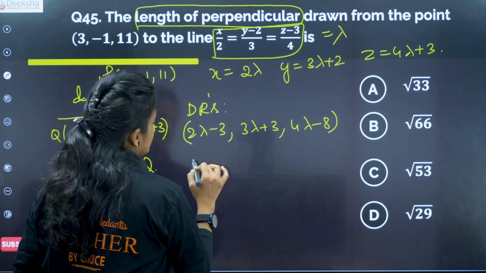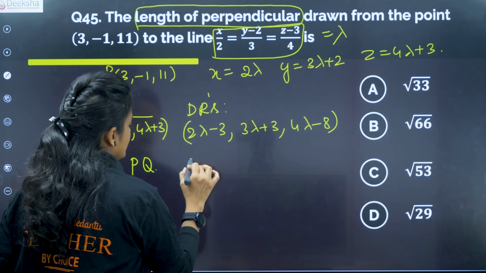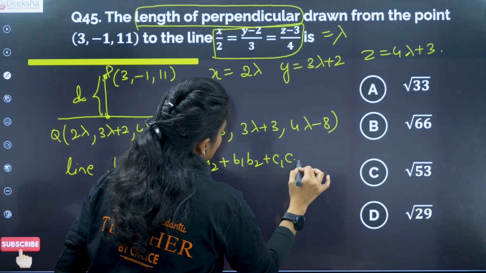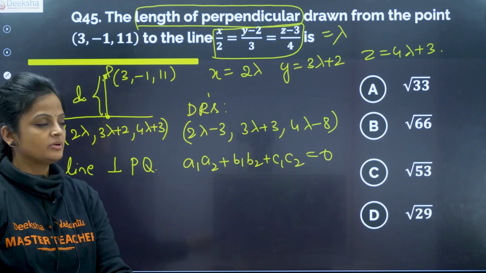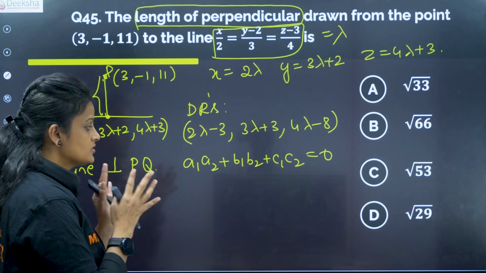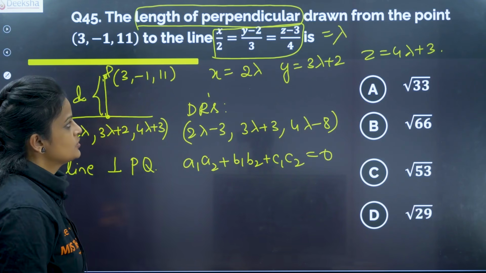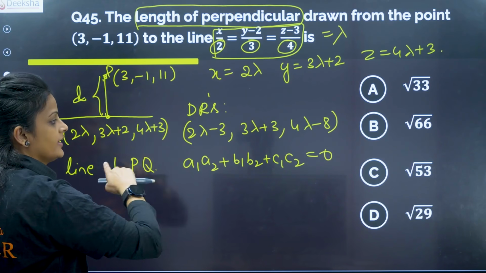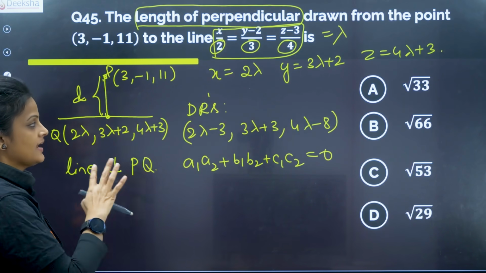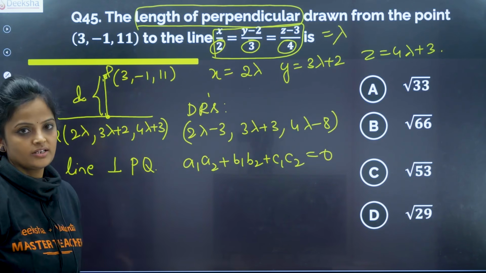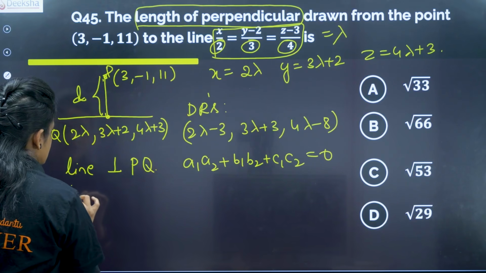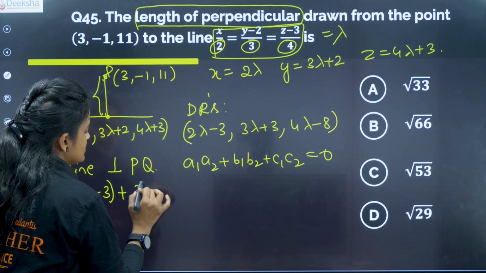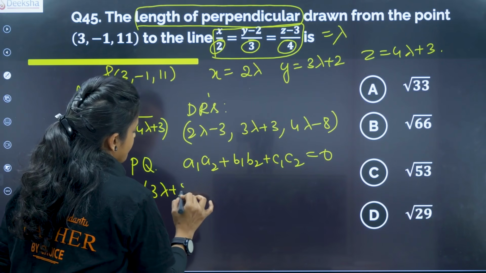So if they are perpendicular, I can take the dot product, the product of components, and the sum as 0. That is a1 a2 plus b1 b2 plus c1 c2 equal to 0. Take the product and the sum, equate it to 0, you will get the lambda value. Taking the lambda value, you have to get the distance. So if you understand what we are doing, then you can easily skip the steps and get your answer.